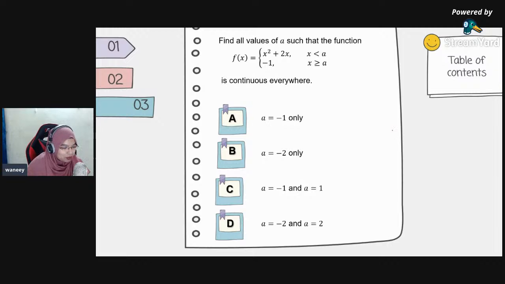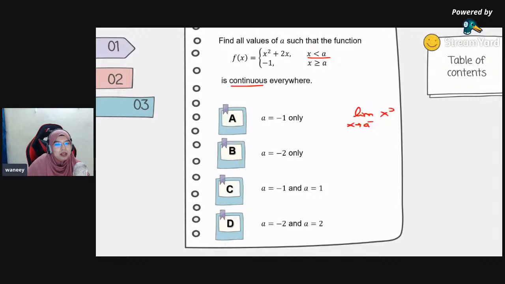Okay, so now what is the answer? Okay, so how can we make sure it is continuous everywhere? So kalau nak make sure dia continuous, the limit as x approaches a on the left hand side must be equal to the limit of x approaches a on the right hand side. So mula-mula kita start dengan left lah. So x less than a, so we got x square plus 2x.